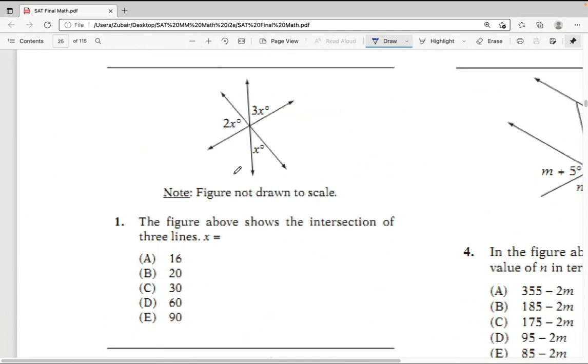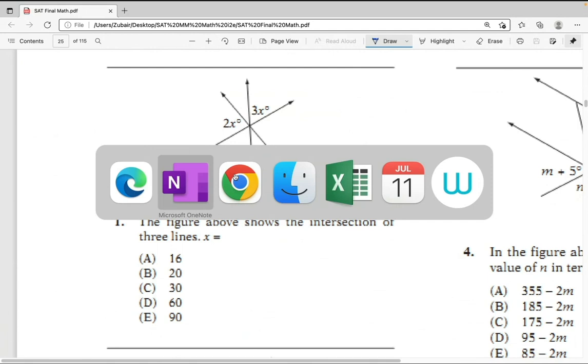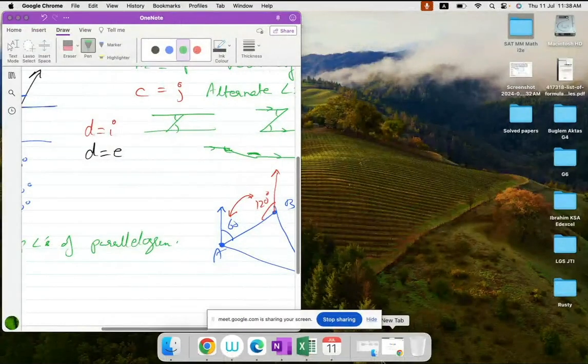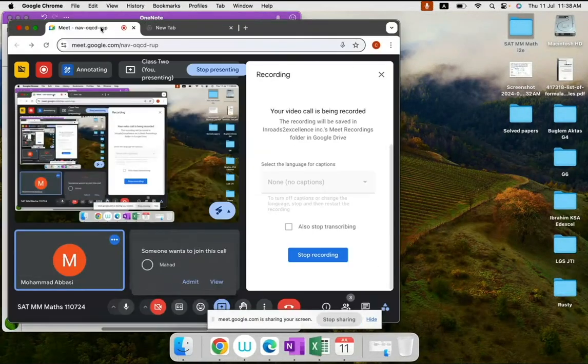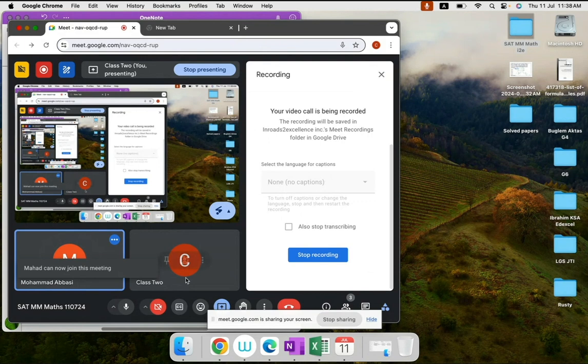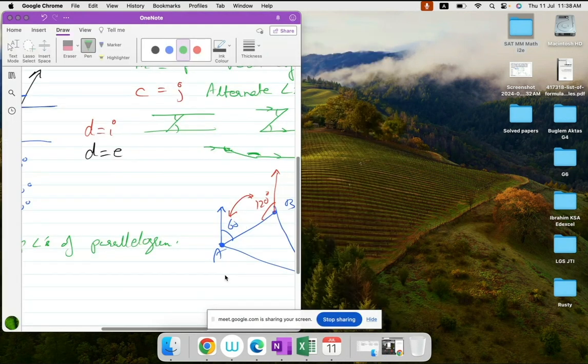Take your time. 130. So wait, what? So x equals 30.